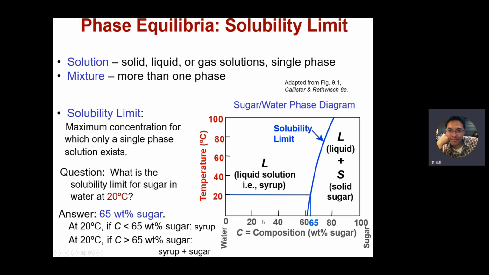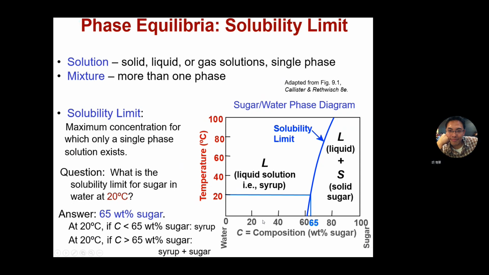A solution can be solid, liquid, or gas. Those are single phase, and a mixture is more than one phase. So how do we find the solubility limit, which is the maximum concentration for which only the single phase solution exists? Let's consider the question: what is the solubility limit for sugar in water at 20 Celsius?